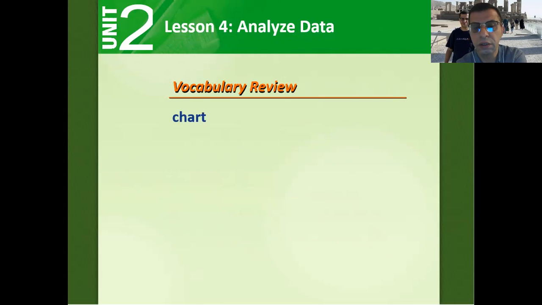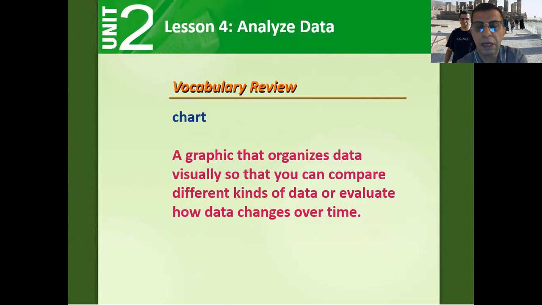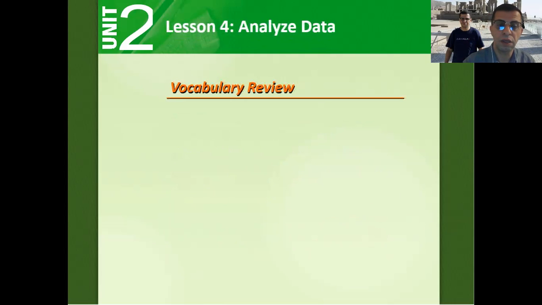Let's do a vocabulary review. A chart is a graphic that organizes data visually so that you can compare different kinds of data or evaluate how data change over time. Range, a group of cells.